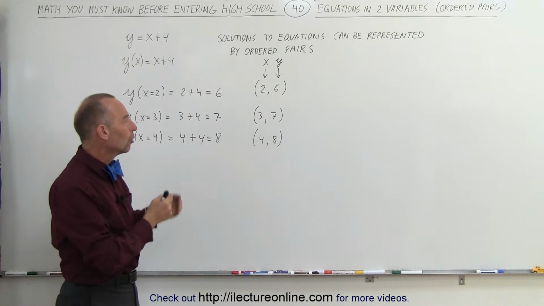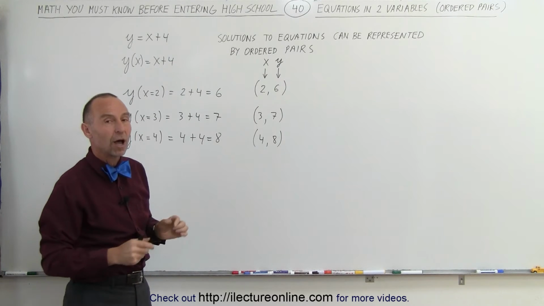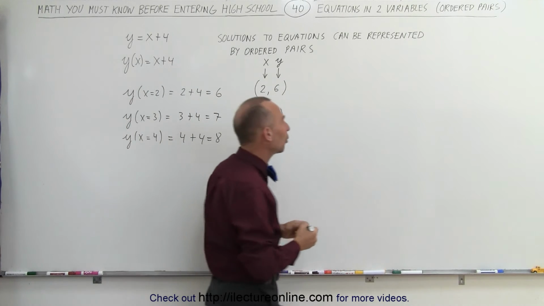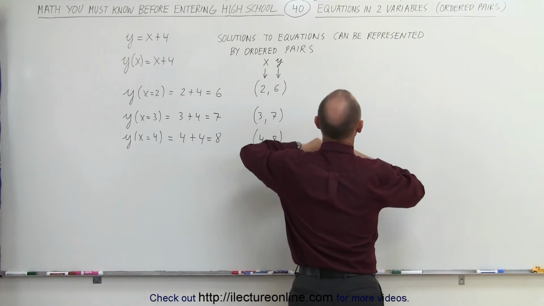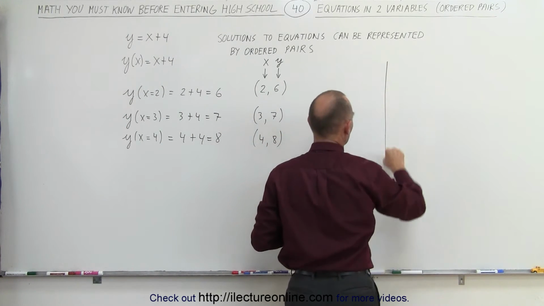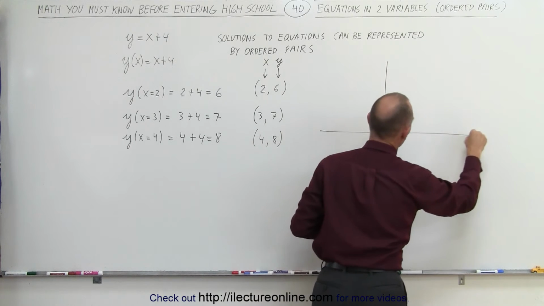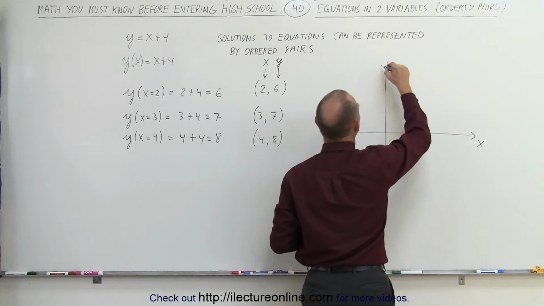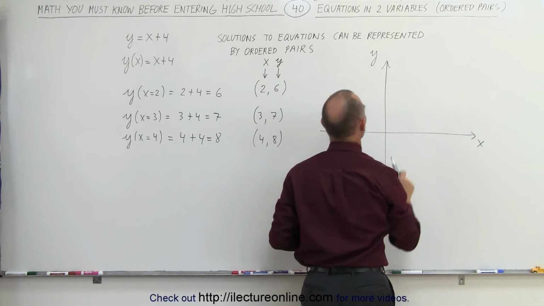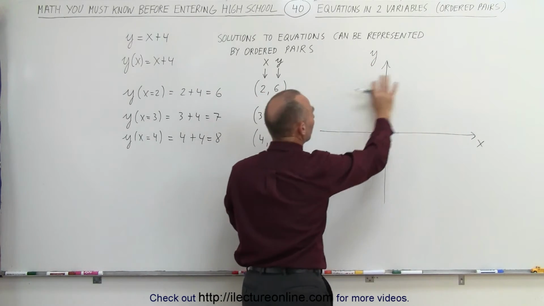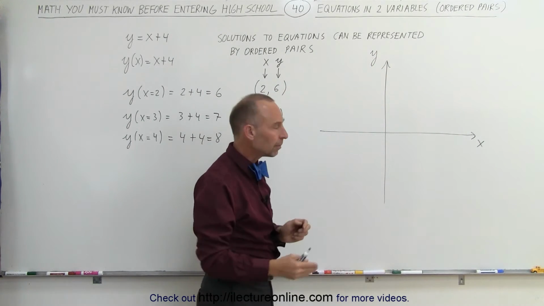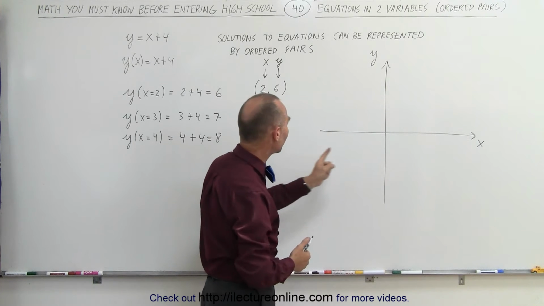We can also draw those ordered pairs on what we call the xy coordinate system or the Cartesian coordinate system. So we draw two lines, a horizontal line representing the x-axis, and a vertical line representing the y-axis. And these points are somewhere on this plane. The first point represents the value for x.